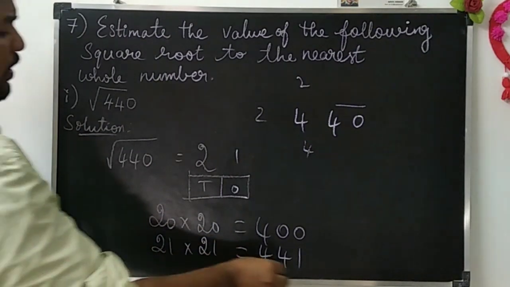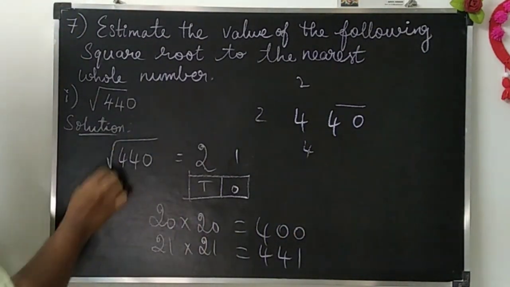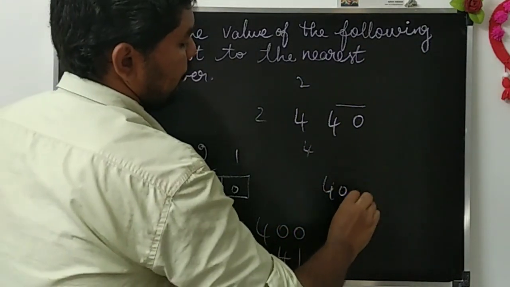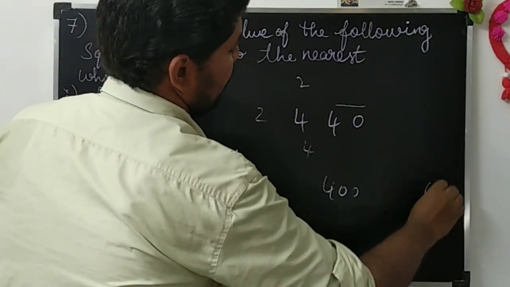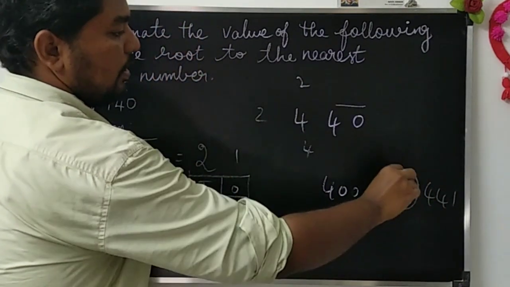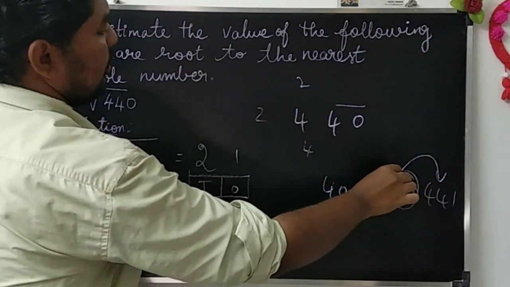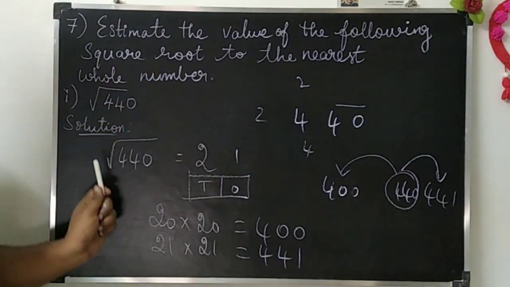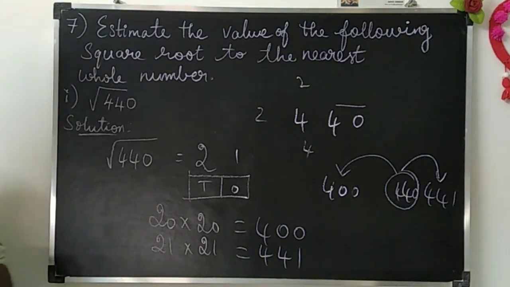So 440 is nearer to 441. On the number line, it's 400, 441, 440. So 440 is nearer to 441 and far from 400. So the estimated answer for square root of 440 is 21.